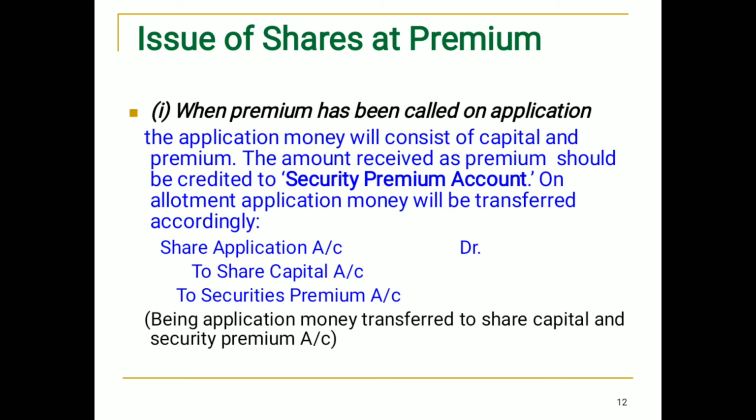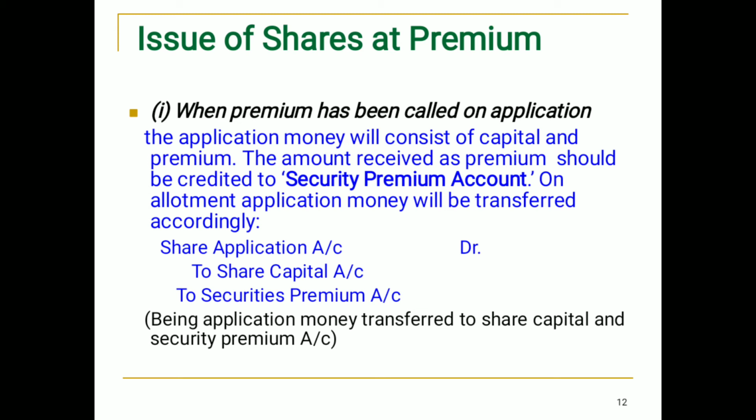The premium is called separately. It is transferred to a separate account. It is called with application, with allotment. I repeat, the amount of premium is to be transferred to a separate account.